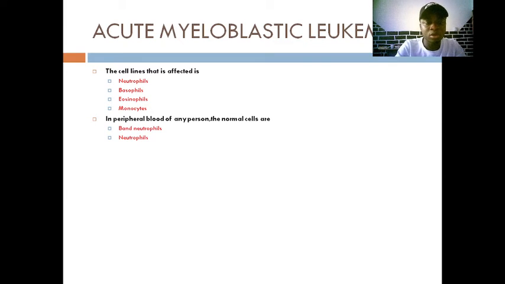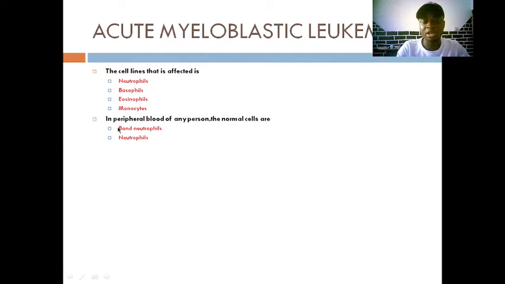In the peripheral blood of any person, the normal cells you can see are the band neutrophils and the segmented neutrophils. Sometimes you can see the basophils, the eosinophils, and the monocytes. These are the normal cells in any healthy person. So if I'm not sick and I visit the facility, they prepare a thin blood film for me, and these are some of the normal cells that must be seen.